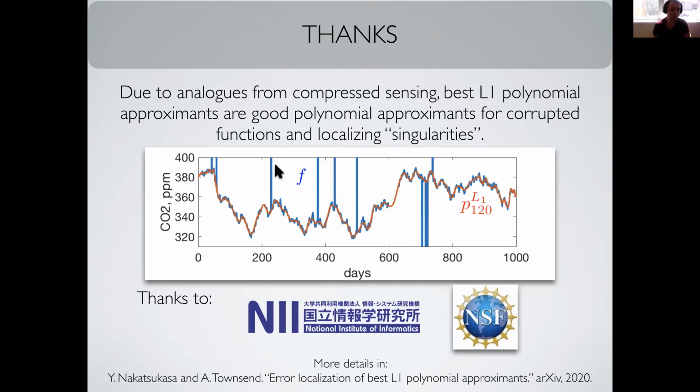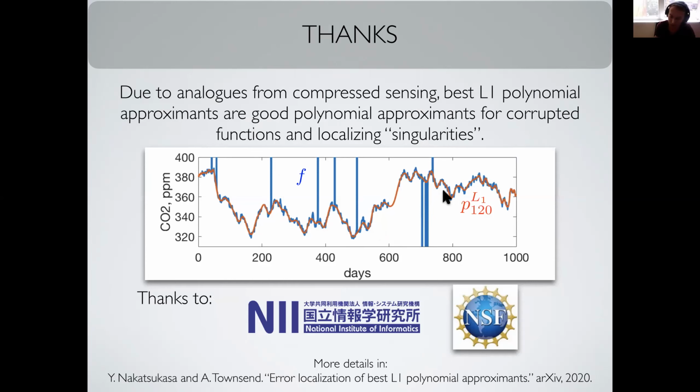Okay, so about time to end. Due to some connections from compressed sensing, in fact, if you look at our paper, we use a lot of machinery from compressed sensing. We managed to translate those into a classical approximation theory context, allowing us to explain one of these small observations that have been existing in textbooks, that the best L1 localizes error.